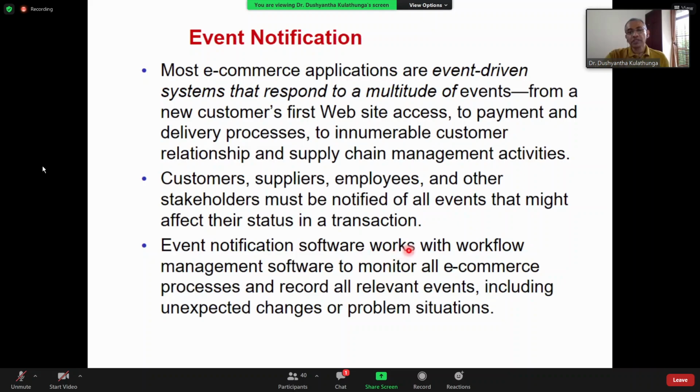Event notification software works with workflow management software to monitor all e-commerce processes and record all relevant events, including unexpected changes or problem situations.